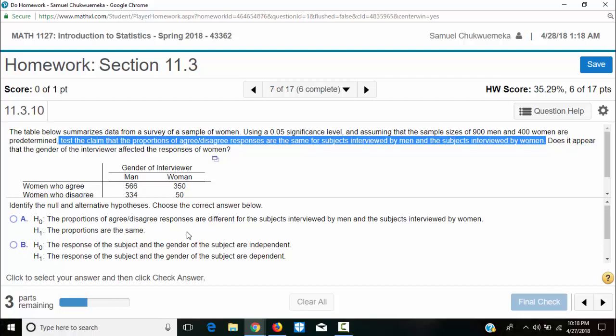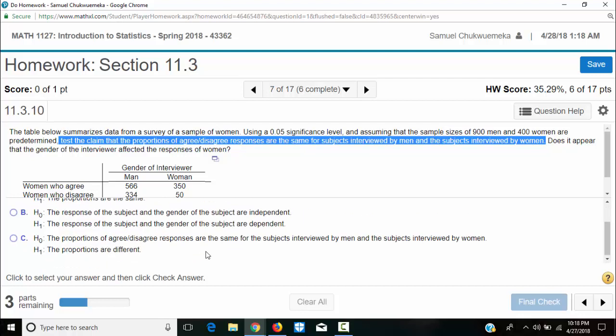So we're gonna go with they are independent, which means they're the same. They're independent, which means that the proportions are the same. And the dependent means that the proportions are different. So we're gonna go with C.